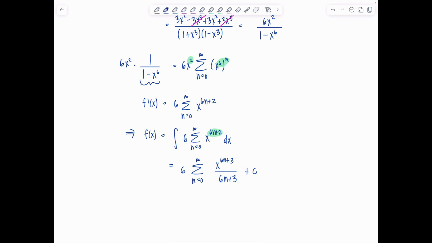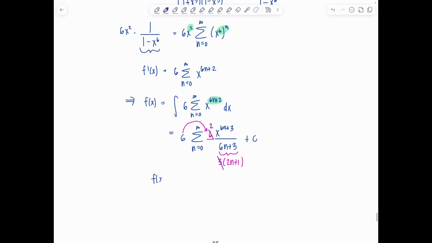Okay. Now we can clean up a little bit because notice in 6n plus 3, I can factor a 3 out, and then I have 2n plus 1. And if you think of bringing this 6 inside, it's going to cancel with the 3 and become a 2. So now I have f of x is the sum, n equals 0 to infinity, of 2 times x to the 6n plus 3 over 2n plus 1, plus c.